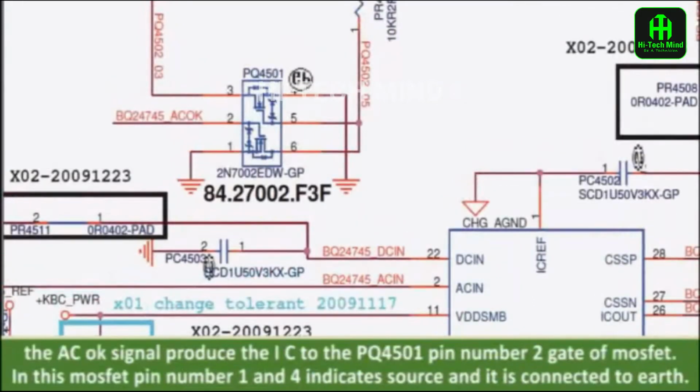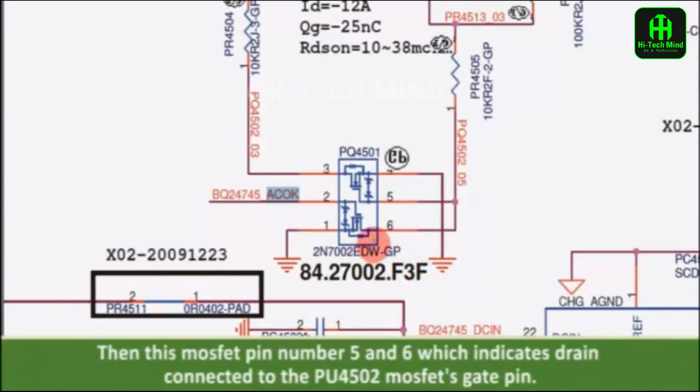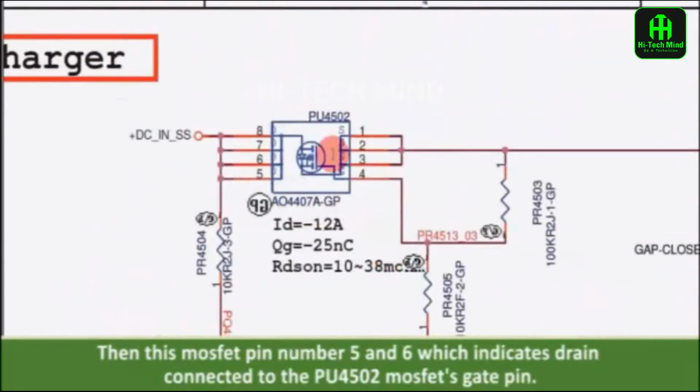The AC OK signal from the IC goes to PQ4501, pin number 2, the gate of the MOSFET. In this MOSFET, pins number 1 and 4 indicate the source and are connected to earth. Then this MOSFET's pins number 5 and 6, which indicate the drain, are connected to the PU4502 MOSFET's gate pin.